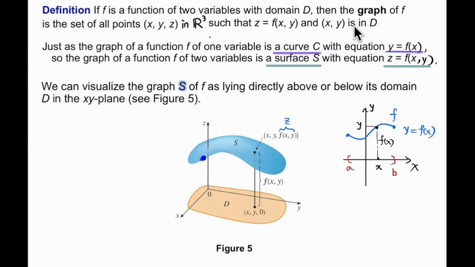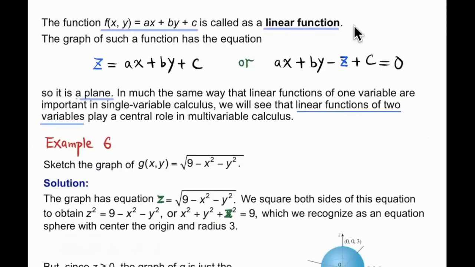So imagine that this is like the cloud in the sky, and then the shadow down over here is the domain for the function, and this surface here in the sky, think about that as the cloud, that is the graph of the function.